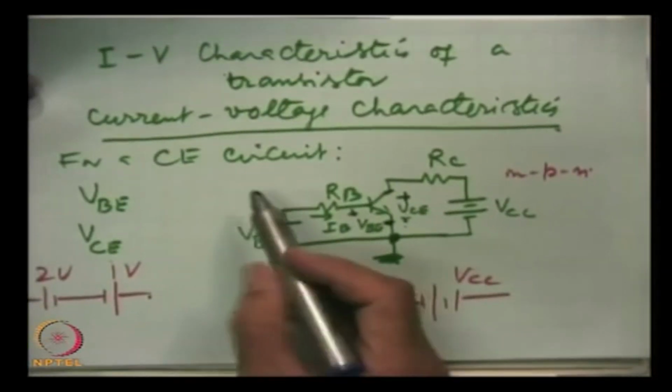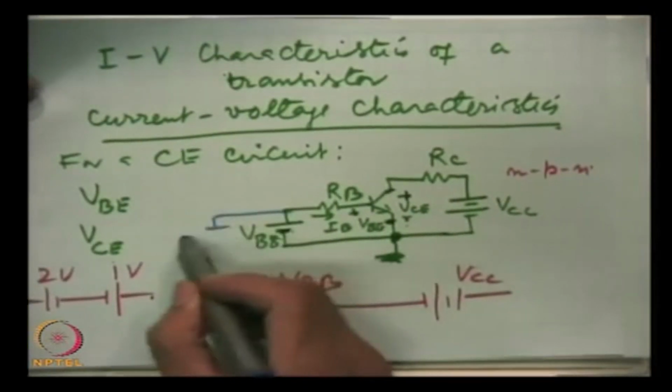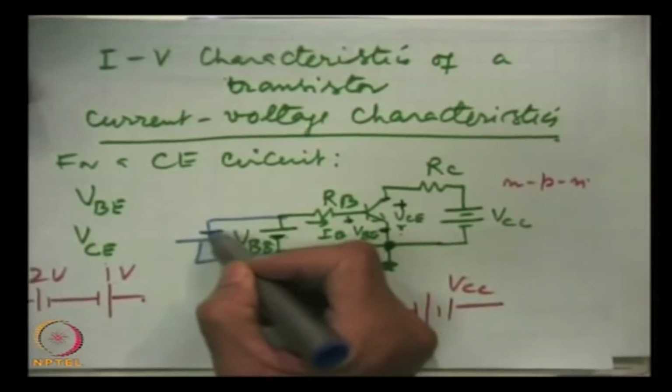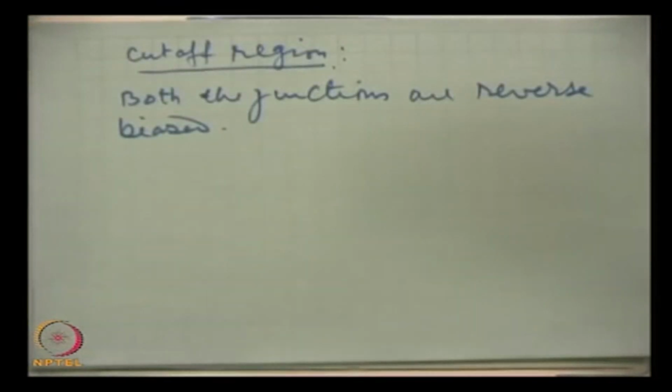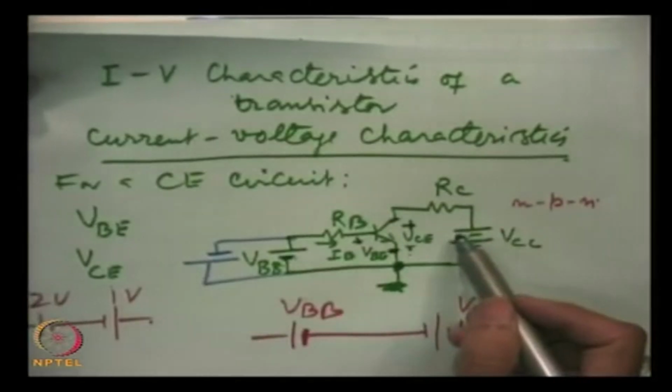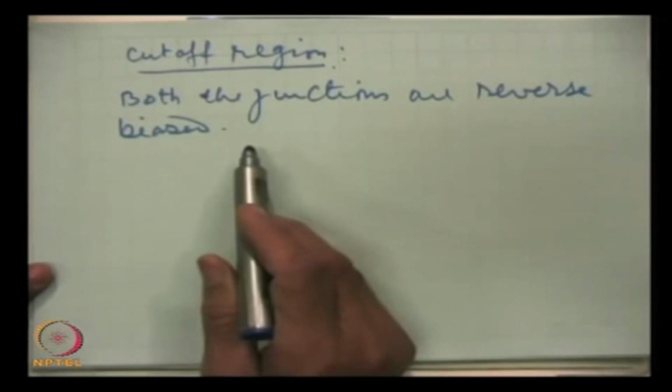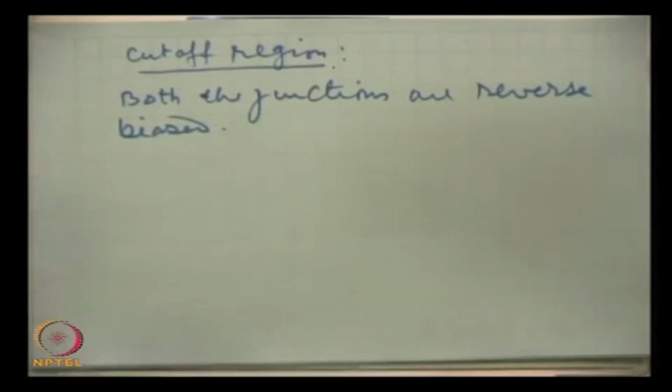So, once we make it, this is a p type base getting a negative voltage. So, that junction is reverse bias, and of course, the output junction is already reverse bias. So, both junctions are reverse bias, and here we have also discussed that for amplification purposes this region also is not to be used.